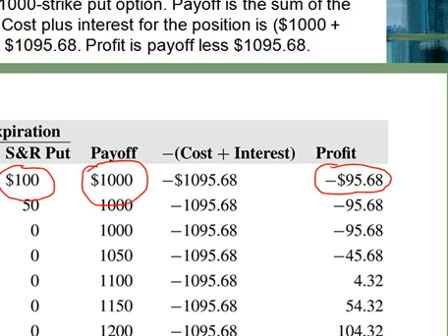It could go down to $100, although that would be highly unusual, and the put option would provide insurance against all of that. It would make sure that the total payoff ended up being at least $1,000, so that the maximum loss you could ever incur was $95.68 on this position.